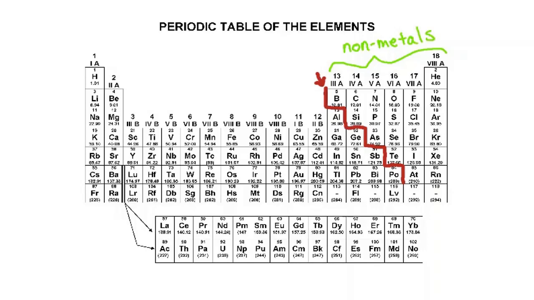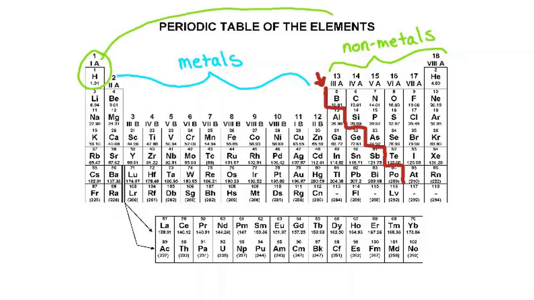And so conversely, everything over here on the left side, the left 2/3 of the periodic table, these are all going to be metallic elements, metals. Now the exception to this is hydrogen, this one right here, where you can actually think of hydrogen as belonging over here in the nonmetals family.